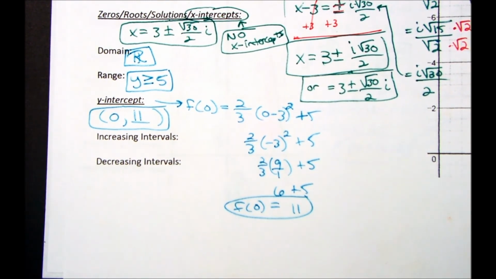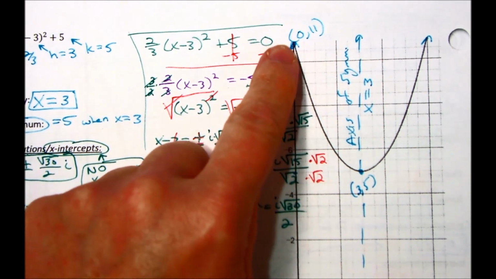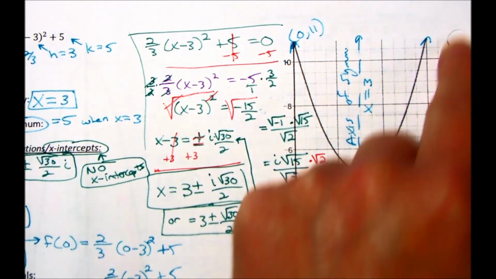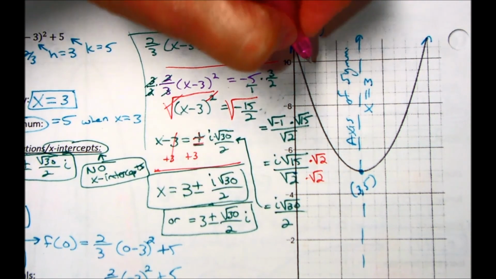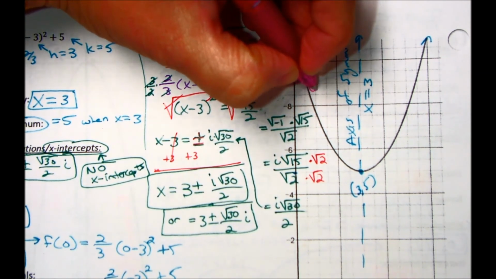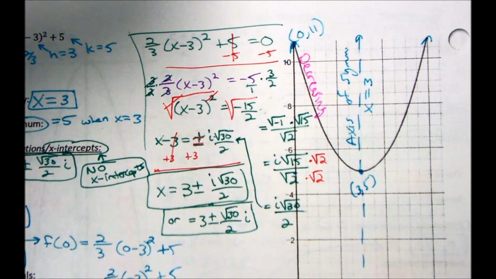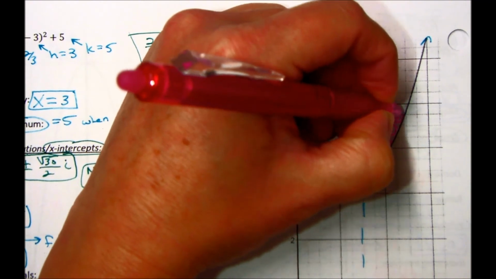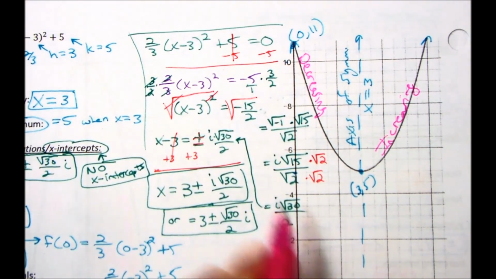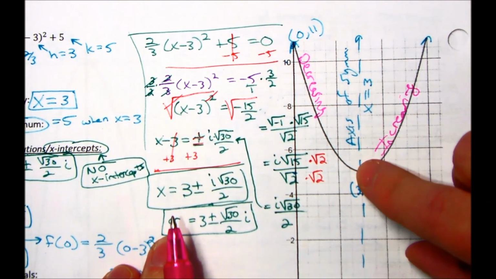Increasing and decreasing intervals. Almost done. So when we look at the graph from left to right, this is decreasing, this is increasing. Your axis of symmetry is at x equals 3.